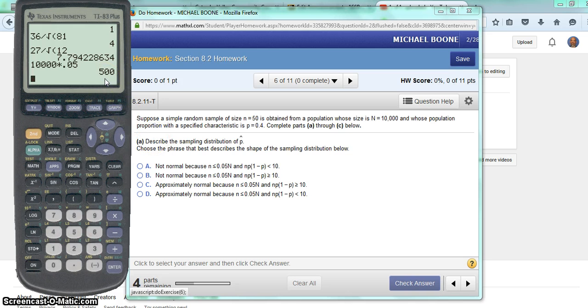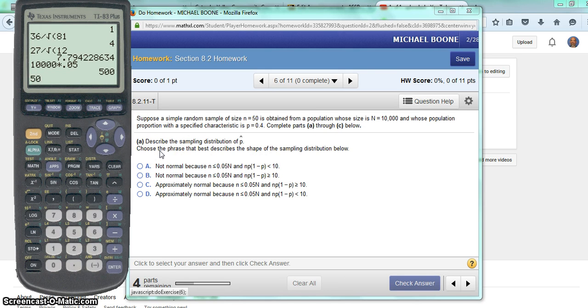The idea with that 5% is so that we don't use the same person over again. We want a small enough sample that we're not going to reuse a person with these proportions. And then the other one is n times p times q, which is 1 minus p.